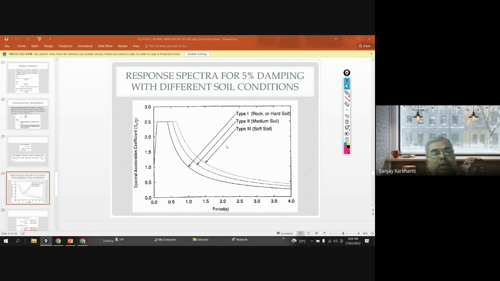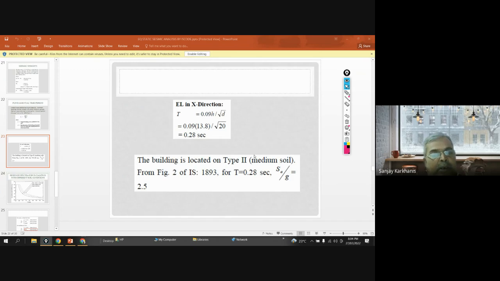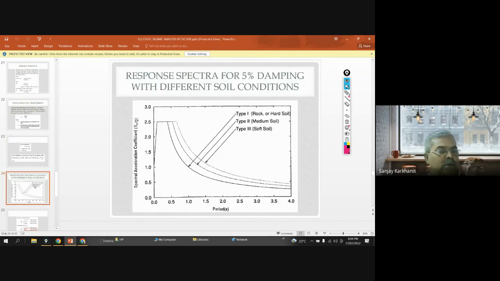Anybody? अरे आप में से पोस्ट ग्रेजुएशन किसने किया होगा ना? And I think in this era, earthquake dynamics or structural dynamics is also taught at graduation level.